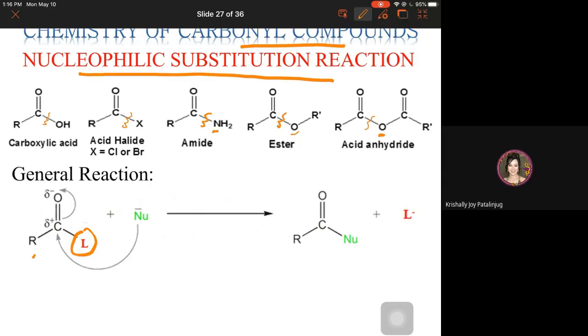So during nucleophilic attack, you have a nucleophile, and when the nucleophile attacks, what will happen is the leaving group will be easily displaced.